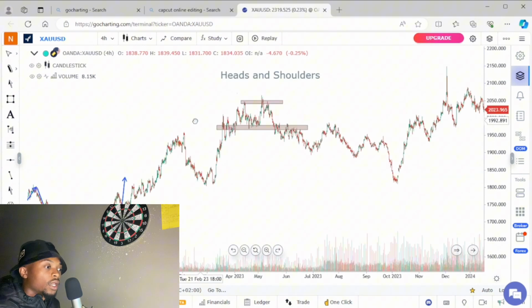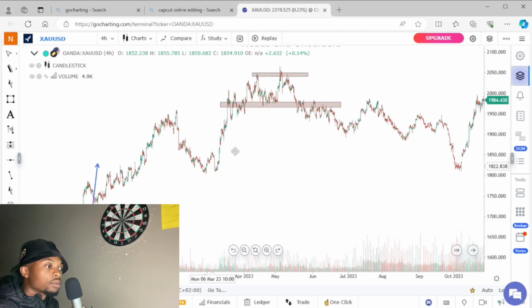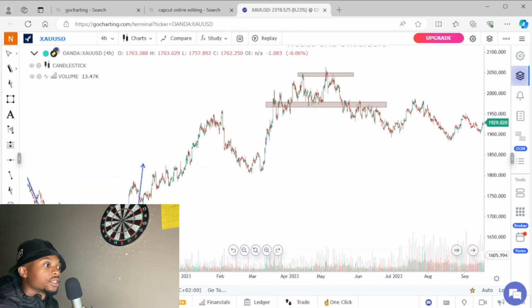Okay, as you can see right here, after this triple bottom, we obviously had ourselves an uptrend, right? So let's just fix it up.